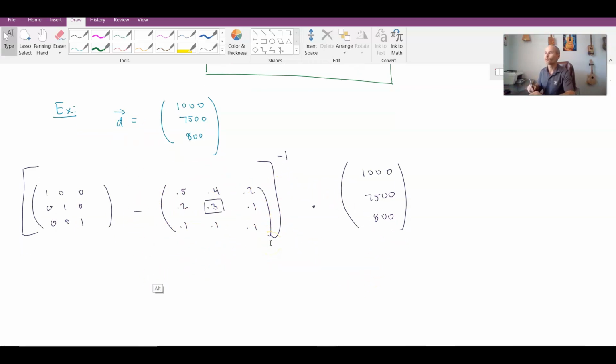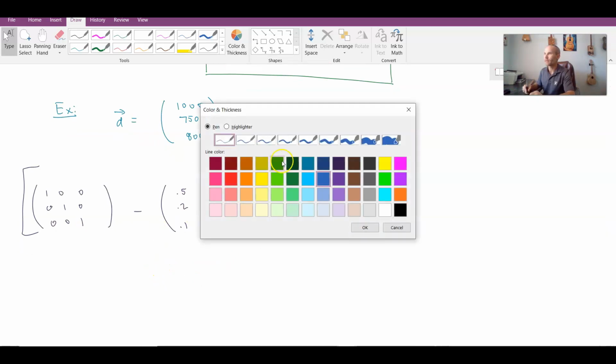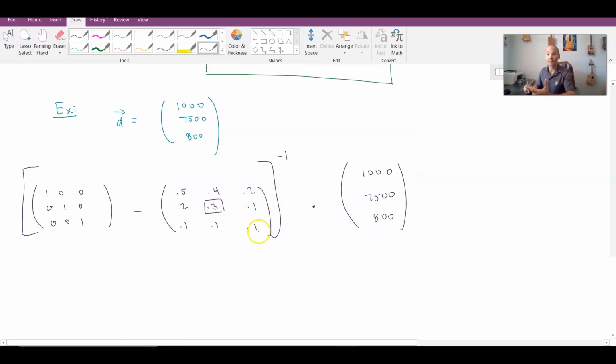So let's just take a moment to reduce this down just a tiny bit. We're going to eventually interpret what the inverse matrix means in the context of this particular problem. But when we take this difference, we have 1 minus 0.5 giving us 0.5, and then taking 0 minus these values here, we'll have negative 0.4 and negative 0.2.